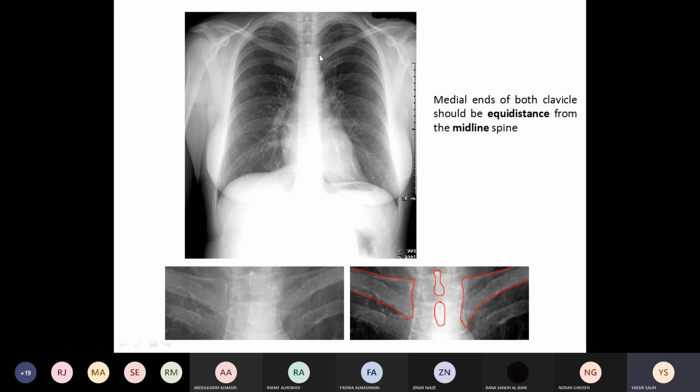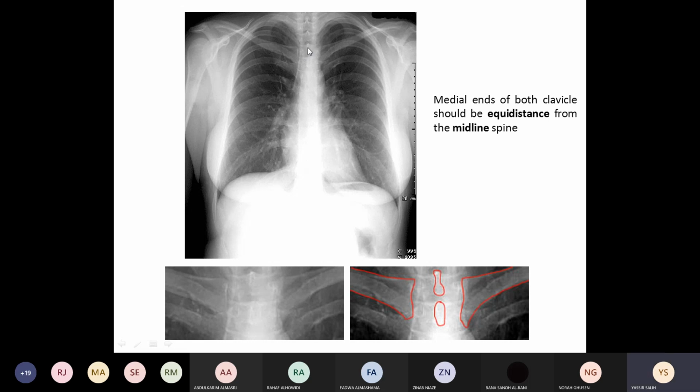By looking at the medial end of the clavicle. This is the medial end of the left clavicle, and this is the medial end of the other clavicle. You have to assess the distance between the medial end of the clavicle and the midline, the spinous process or trachea, and the medial end of the other side from the spinous process.